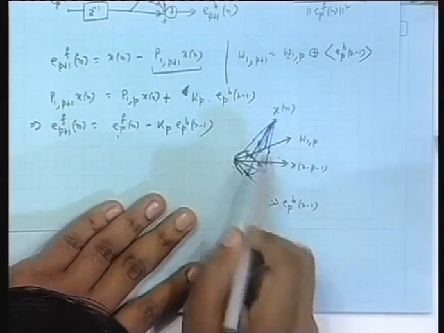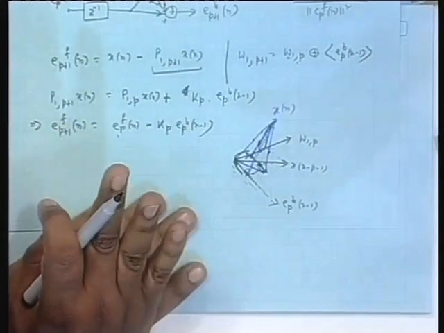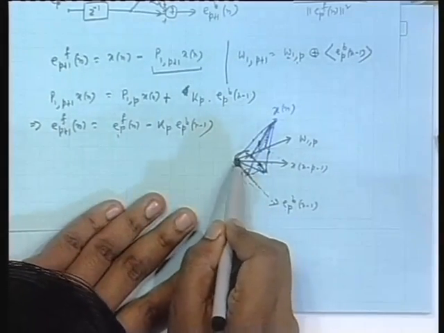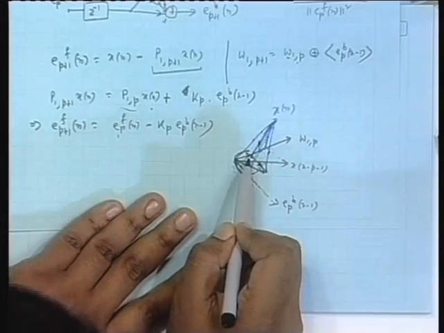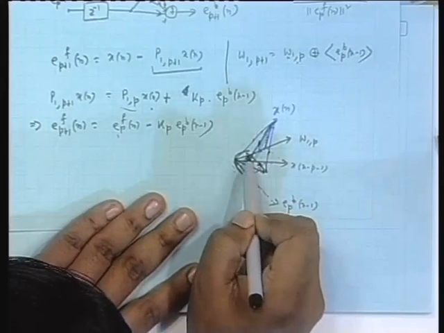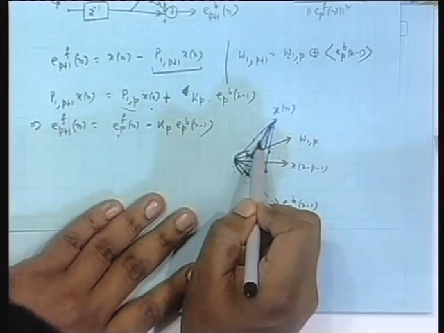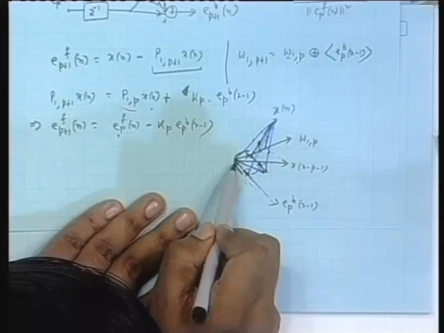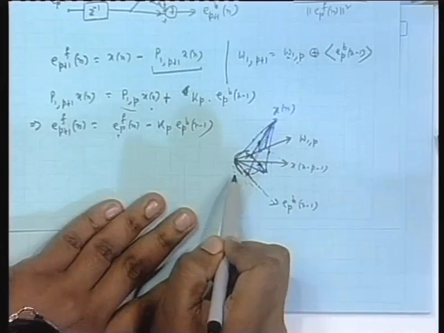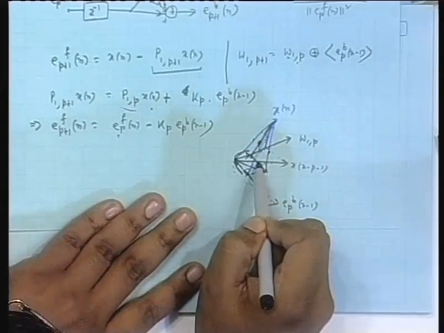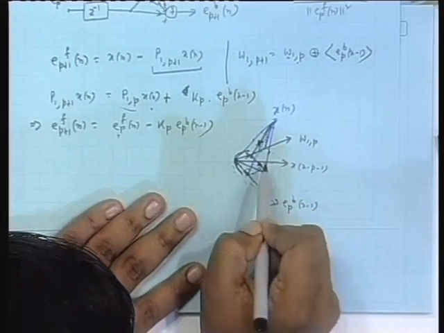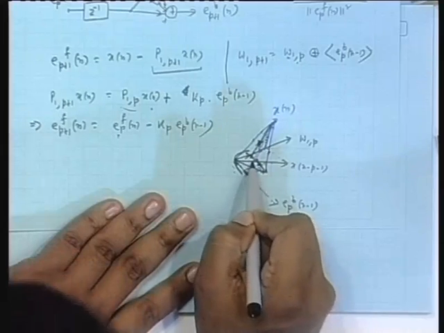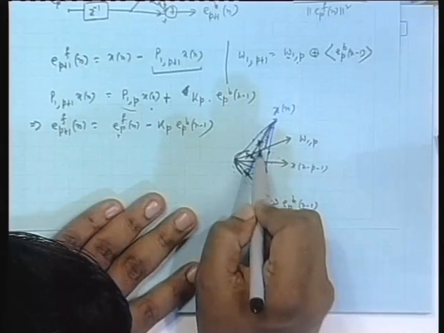This projection is a summation of, what I am doing in this diagram is nothing but a geometrical description of these equations. This projection is nothing but this projection, that is this, okay. Then I take the error. Error means x n minus this projection, that is EPFN, that is this fellow, and minus this guy. So, this guy minus this guy is this error. Actually, this is 90 degree. So, this is the hypotenuse.